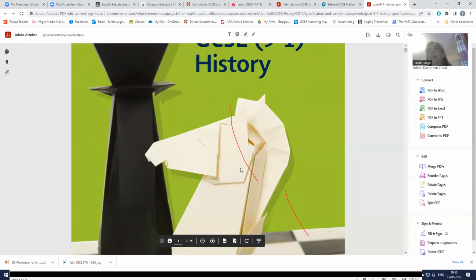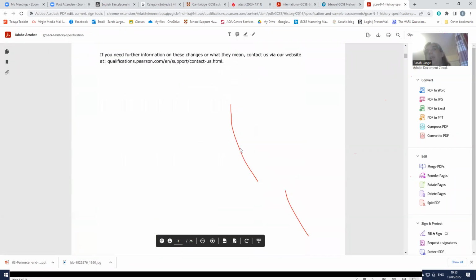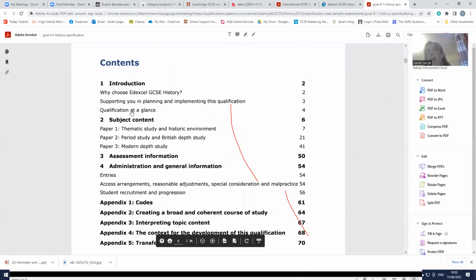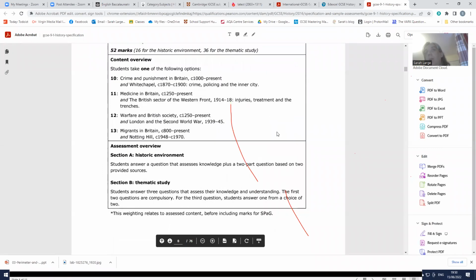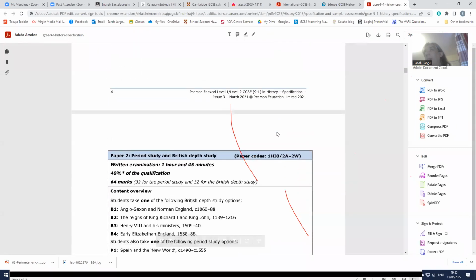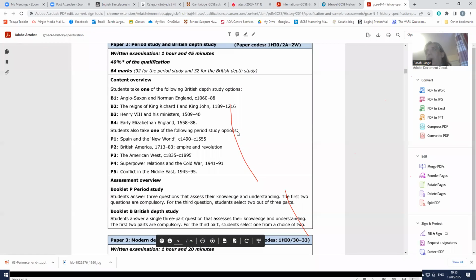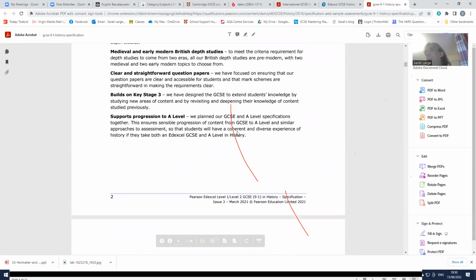It tells you in these what they need to know, and the assessment overviews tell you how they're assessed. It's always worth a read of those beforehand to check whether there is anything that is likely to cause you a problem with arranging.